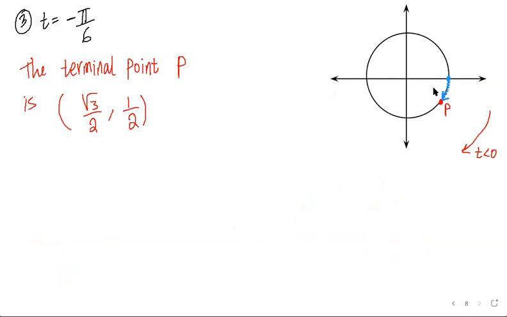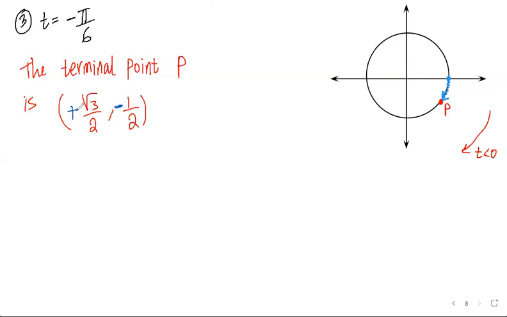In the fourth quadrant, the x coordinate is positive, so here positive, and the y coordinate is negative.